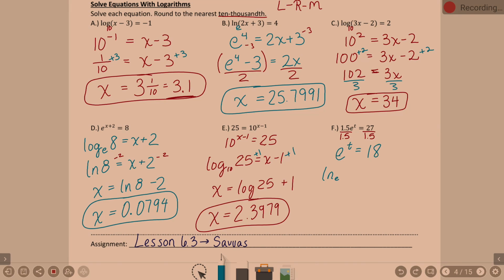But natural log of e, so the base on the left, the 18 from the right equals the t from the middle, the exponent. So we end up with log base e of 18 equals t, but natural log is base e. So what do you need to do? Natural log of 18. What's my calculator answer? Okay, 2.8904.